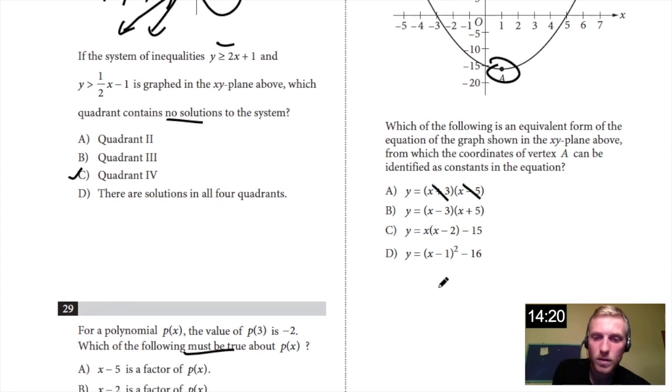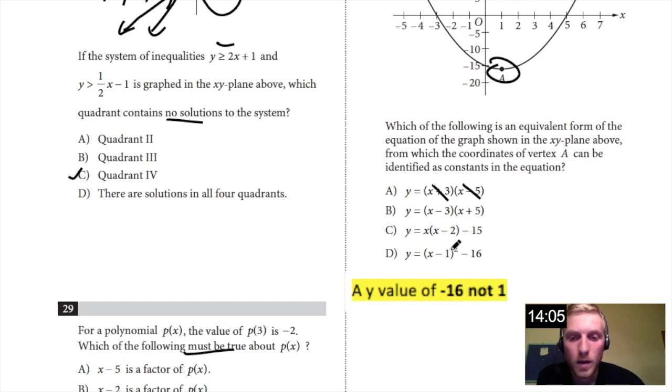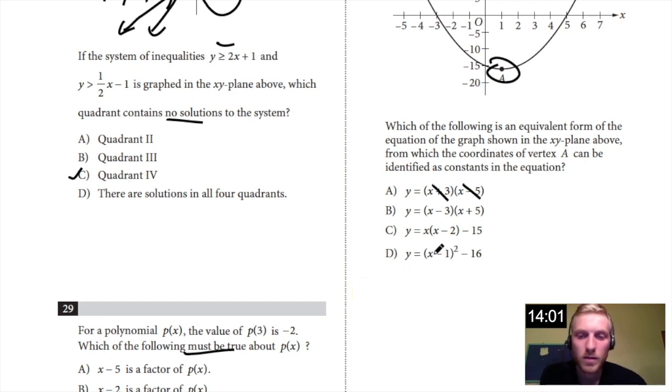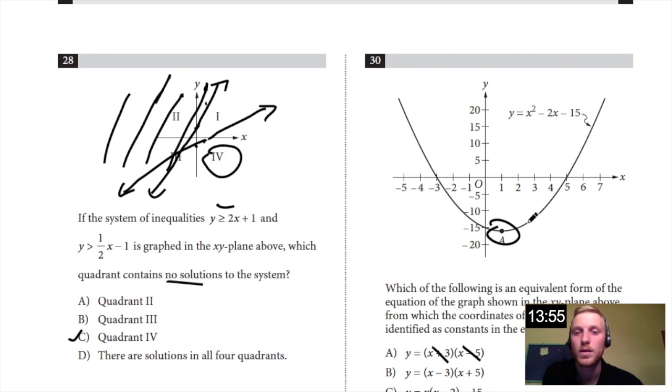This does. So we can substitute positive 1 for x, and that's going to give us a y value of negative 16, and when y is equal to negative 16, we can find that x is going to equal positive 1. Let me just factor this out and make sure it's in fact equal to our original equation.